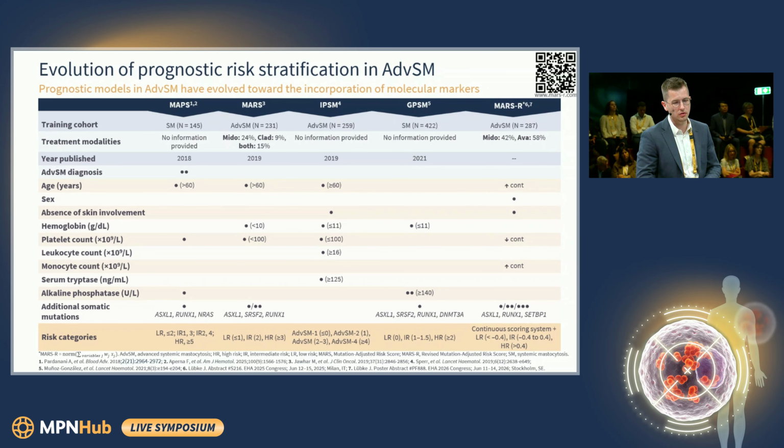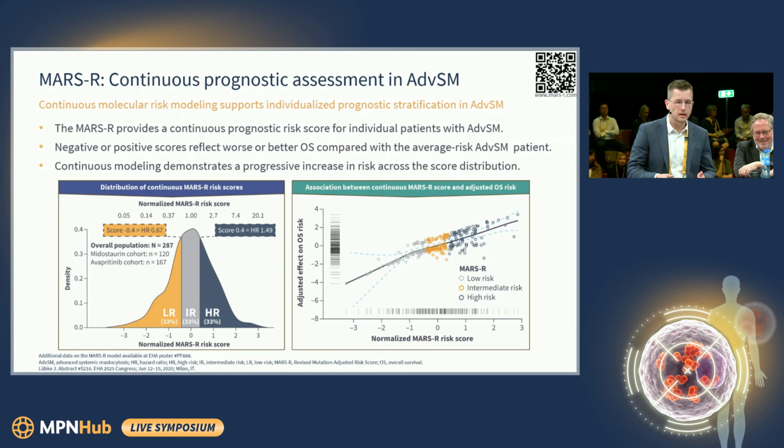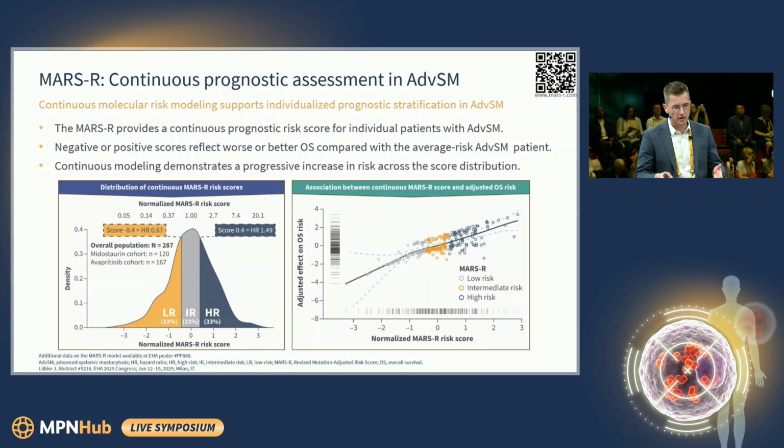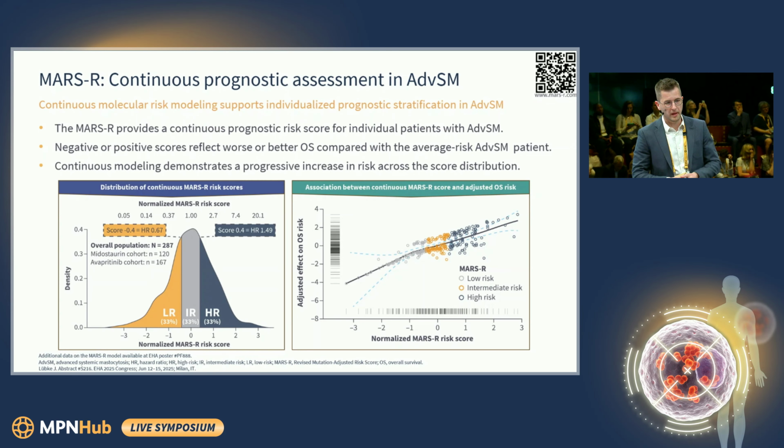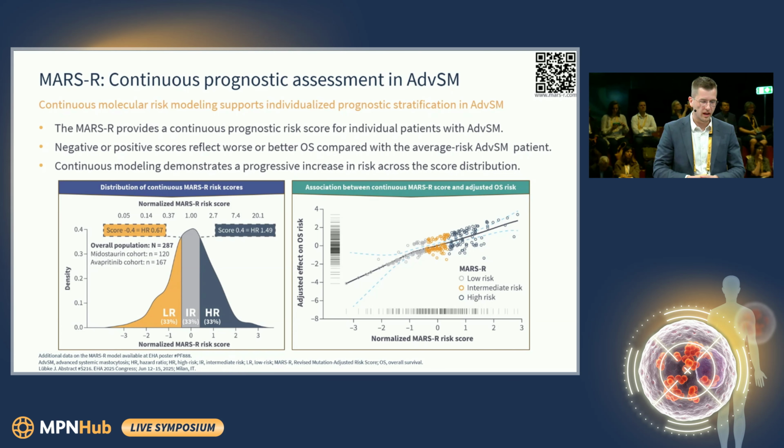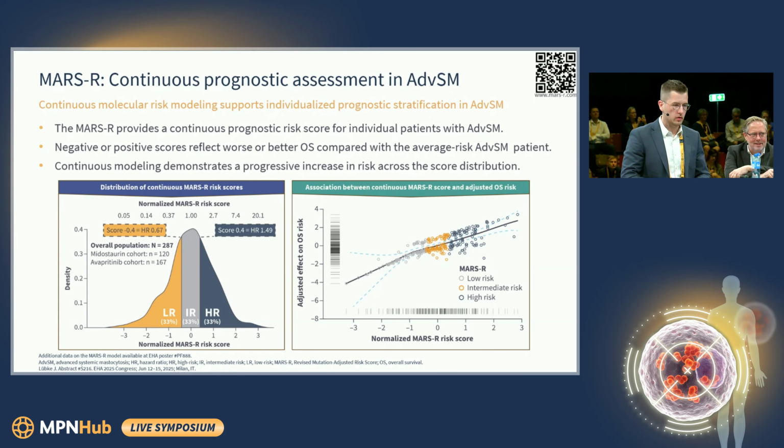So the MAS-R now really captures the continuous overall survival risk in an individual patient and can report unique individual scores for a patient that was treated with avapritinib or midostaurin.